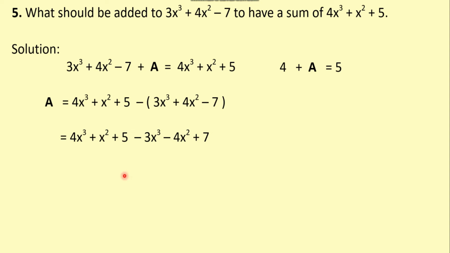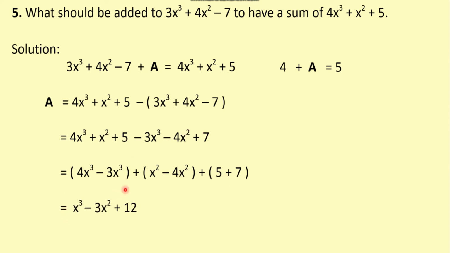Then, group lang natin yung mga like terms. Yung mga x cubed, yung mga x squared, and yung constant. Then, simplify. 4x cubed minus 3x cubed is x cubed na lang. x squared minus 4x squared is negative 3x squared. Then, 5 plus 7 is 12. So, yun na yung final answer.